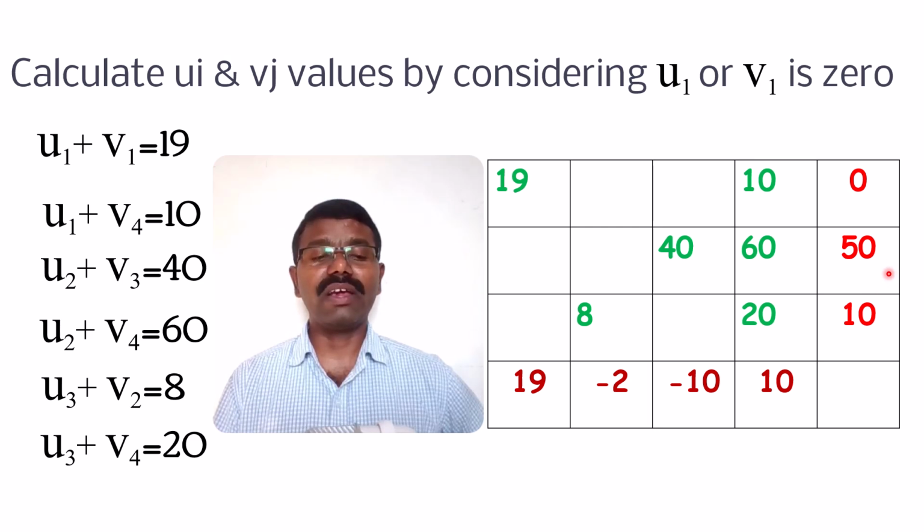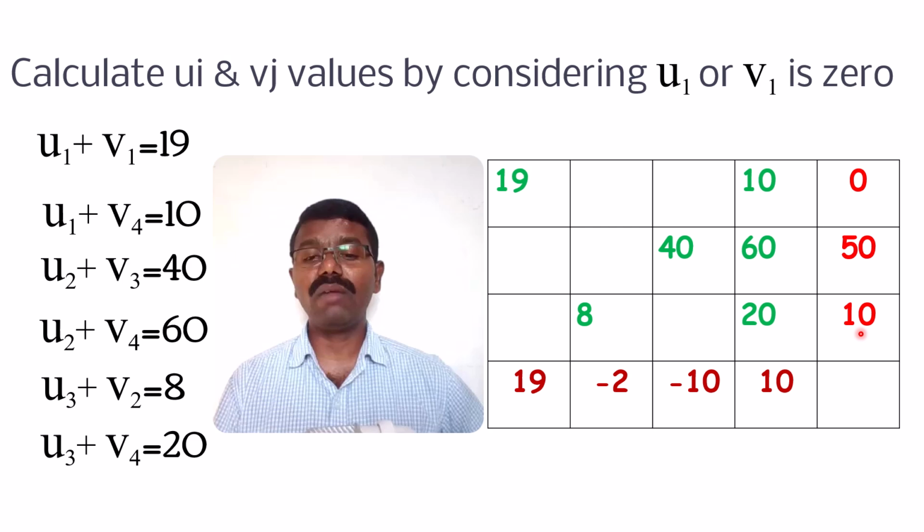So you are getting a u2 value as 50. Then if you apply the v4 value to this cell, that is u3 plus v4, v4 is equal to 10, then u3 will be equal to 20 minus 10. That means u3 is equal to 10. So that 10 you can write here.